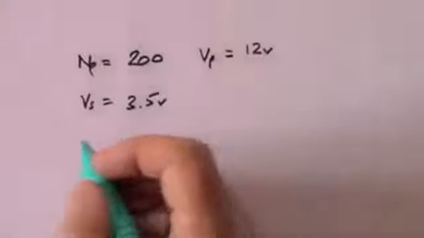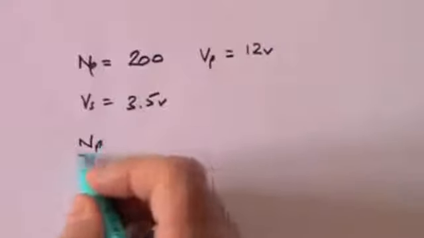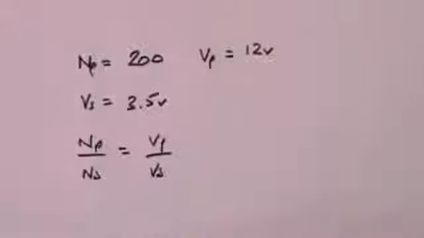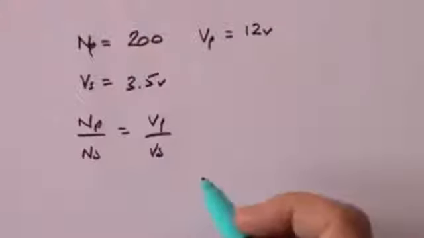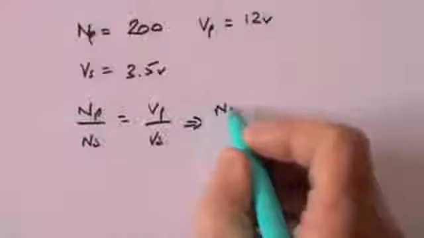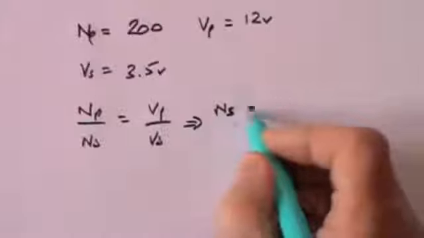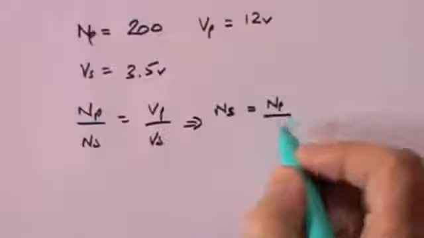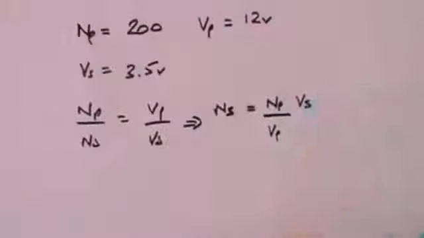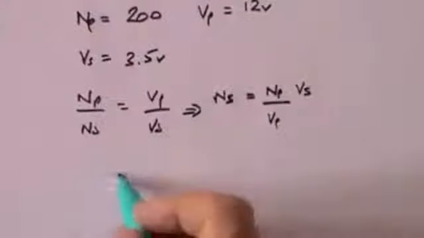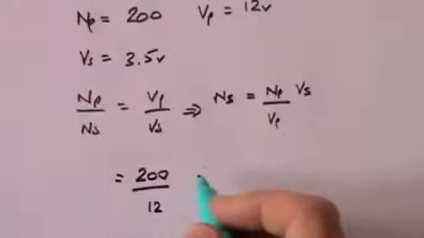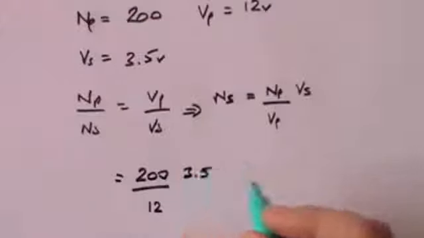Well, we need to remember that NP divided by NS is equal to VP divided by VS. So what we don't know is the number of turns on the secondary, and if you manipulate this formula, NS is going to be equal to NP divided by VP times VS. Well, NP is 200, VP is 12, and VS is 3.5.